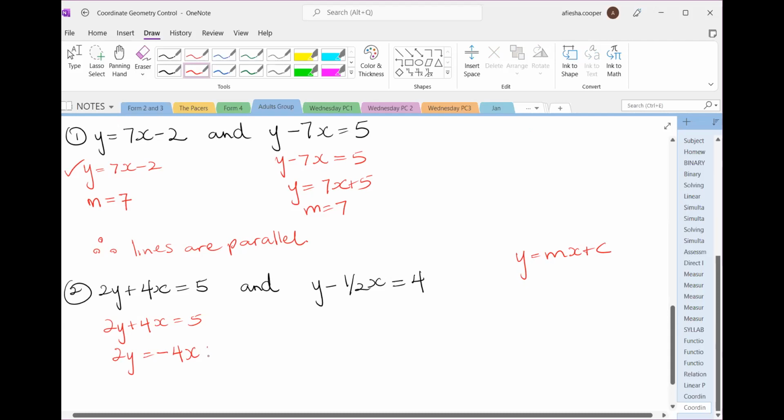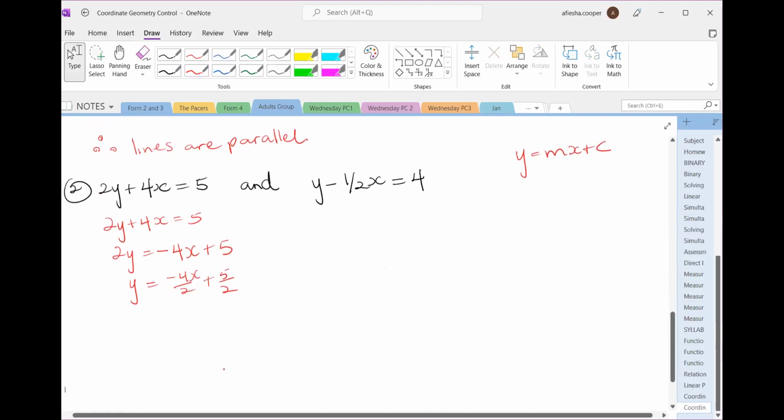And then we divide each term by 2. y is equal to negative 4x over 2 plus 5 over 2. Hence giving us y is equal to negative 2x plus 5/2, and our m is equal to -2.